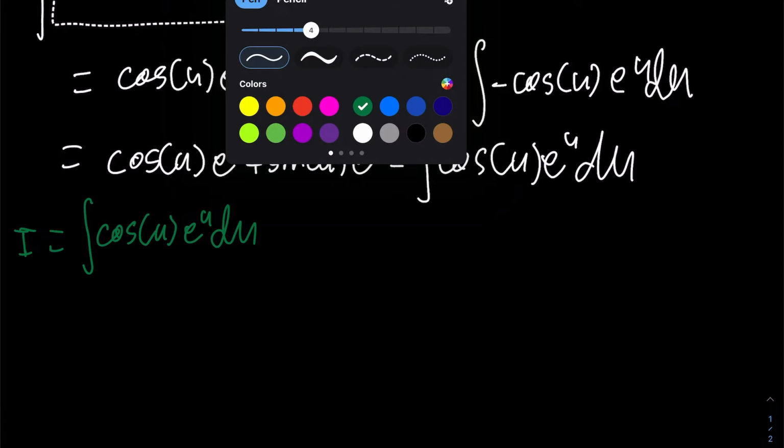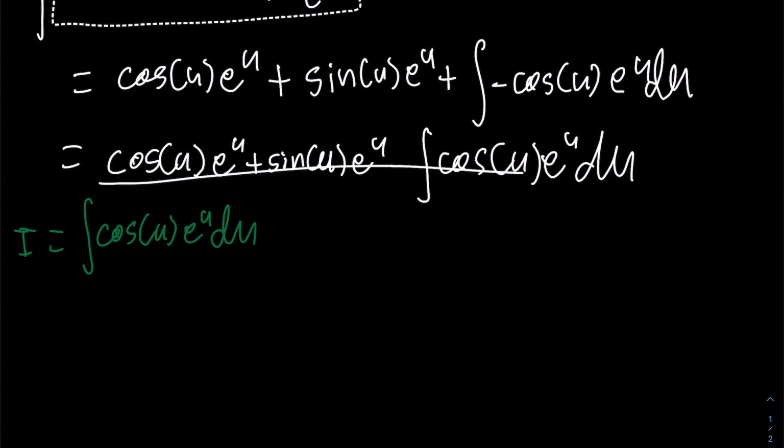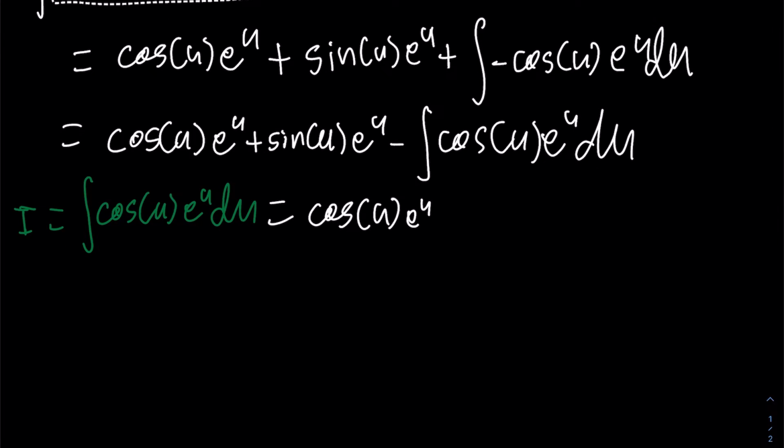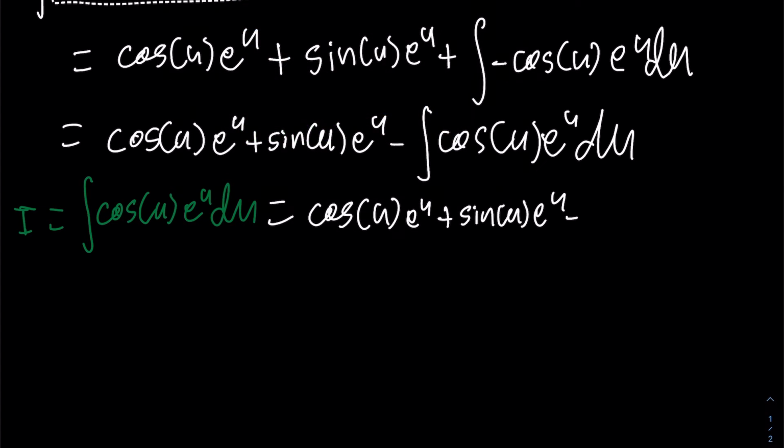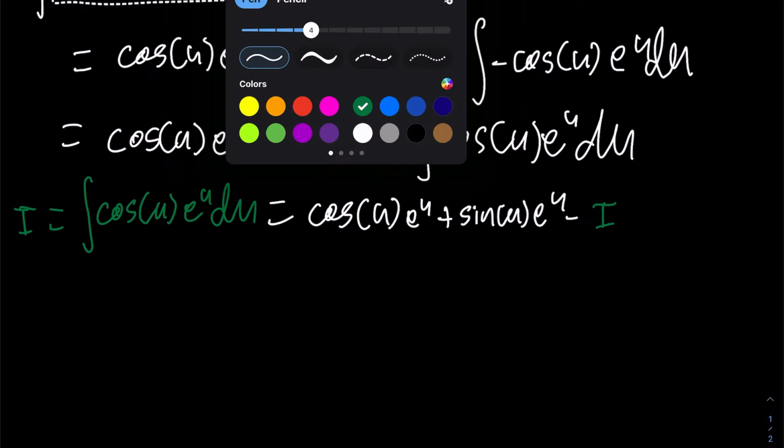Well, that's just equal to all of this right here. So that is equal to the cosine of u e to the u plus the sine of u e to the u minus, and then what we have here is just another I, because this integral right here is exactly what we've defined to be I.